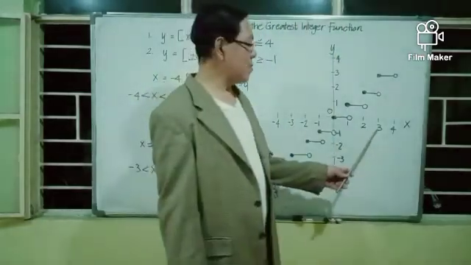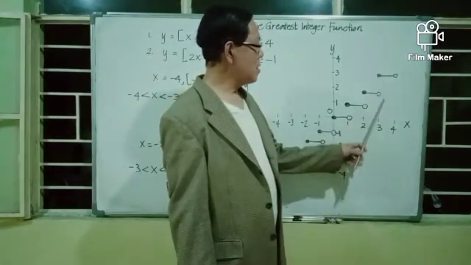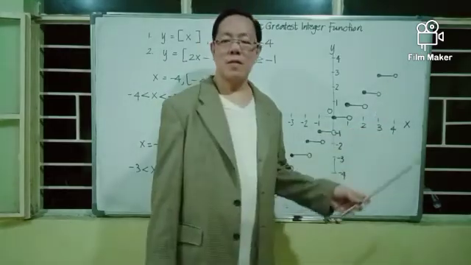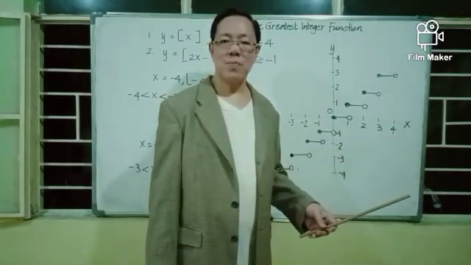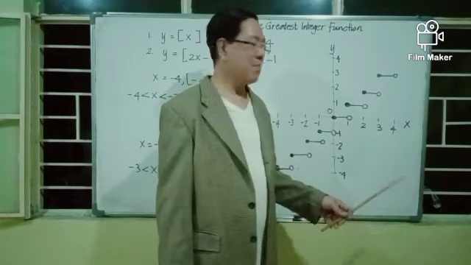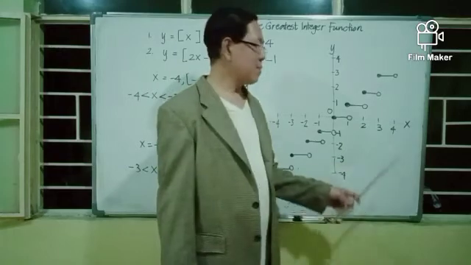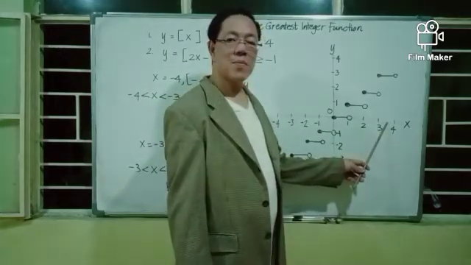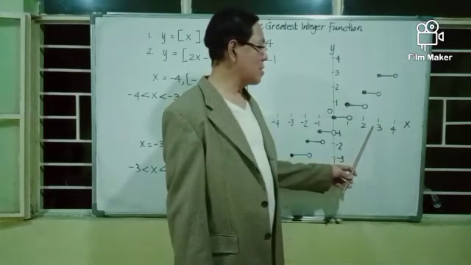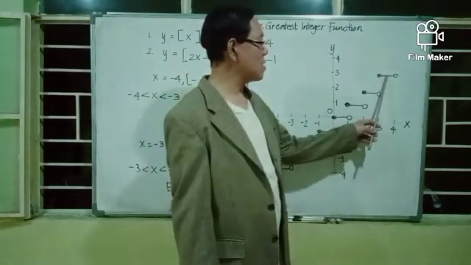For real numbers between 3 and 4, the value of y is always 3. The greatest integer that is less than or equal to a real number between 3 and 4 is 3. Say 3.5, the greatest integer less than 3.5 is 3. When x is 3.5, the value of y is 3.